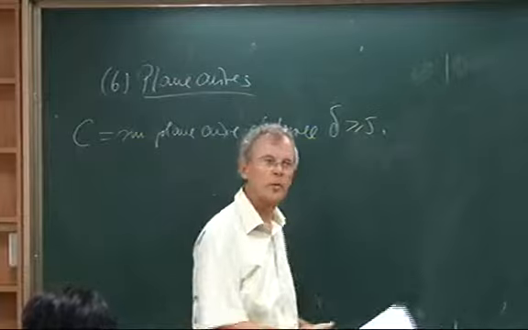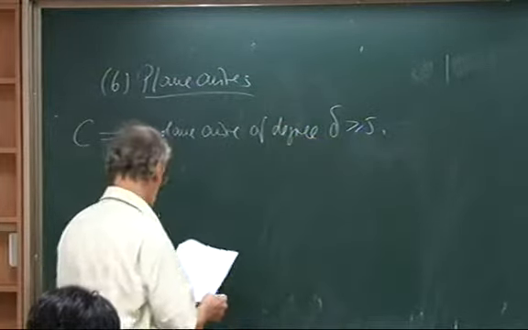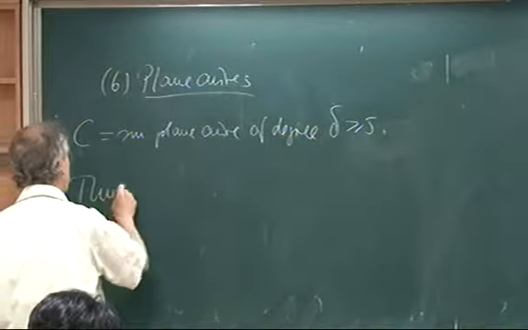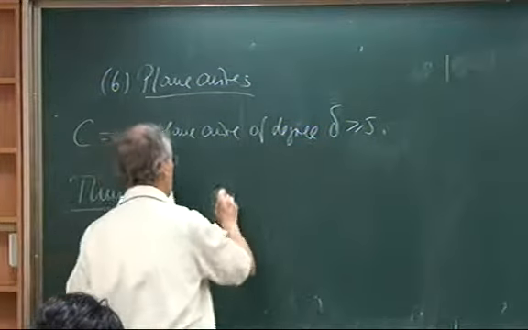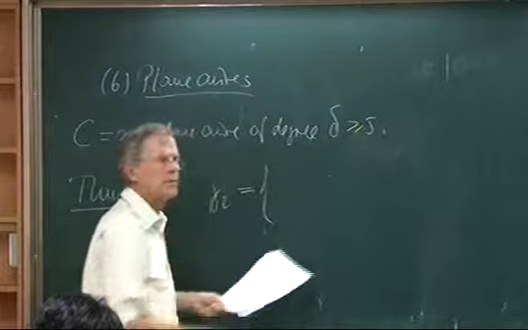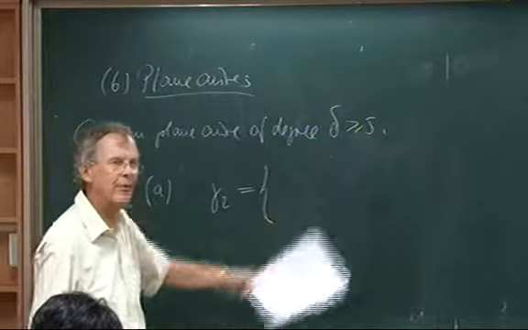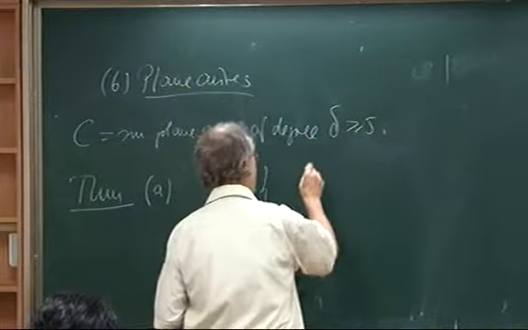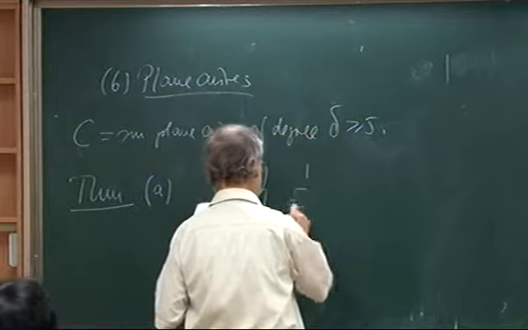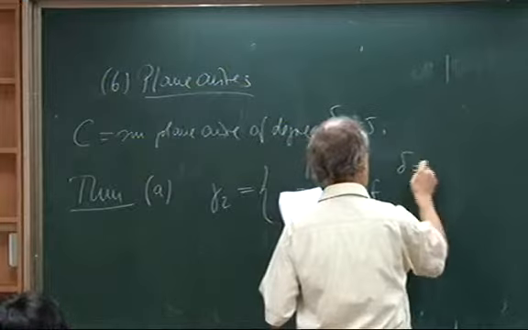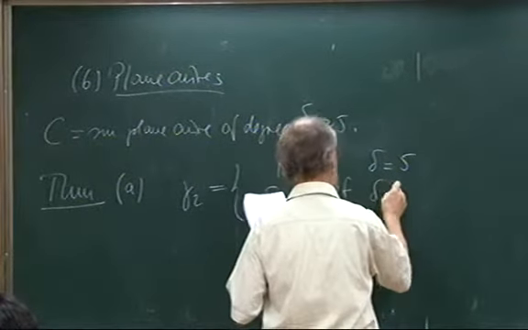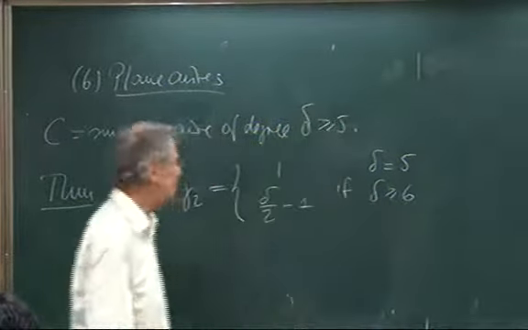I quoted Noether's theorem last time, and I just give the theorem. So we have: gamma 2 is equal, from the theorem you see that it's different already from the other cases, to 1 if delta is equal to 5, and delta over 2 minus 1 if delta is greater or equal to 6.